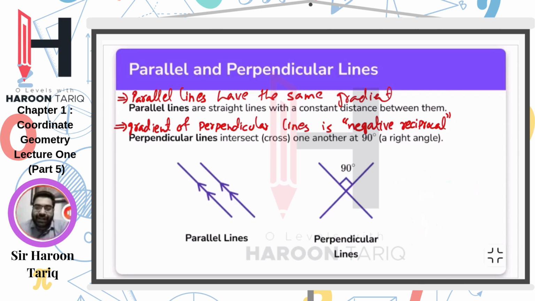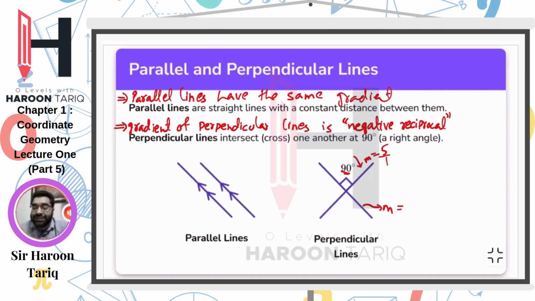Okay, so if you have been given the gradient of one line, so let's suppose the gradient of this line is m is equal to 5, let's say. This is basically 5 by 1. If there is nothing written in the denominator, it means there is 1 there. Now the line perpendicular to it, its gradient would be negative reciprocal.